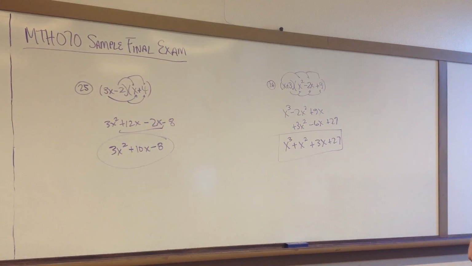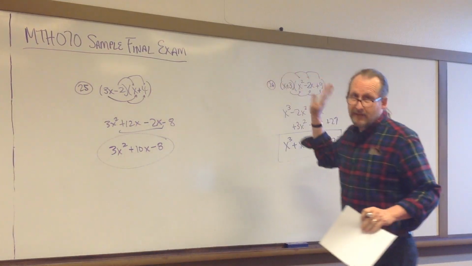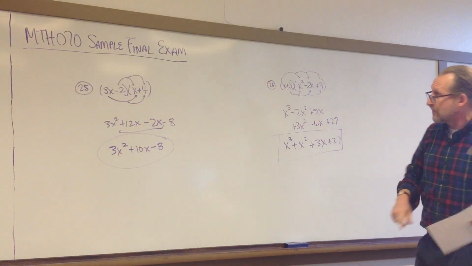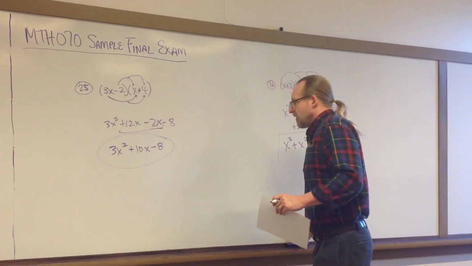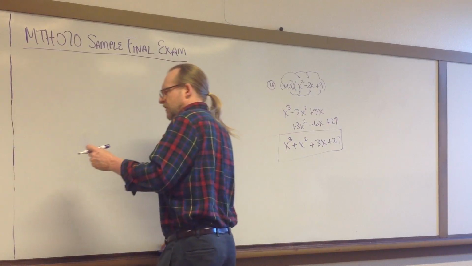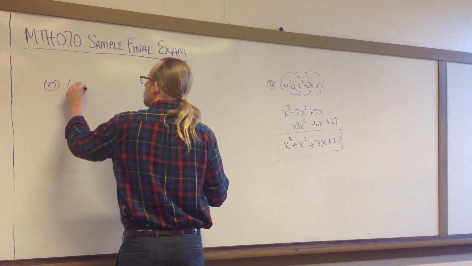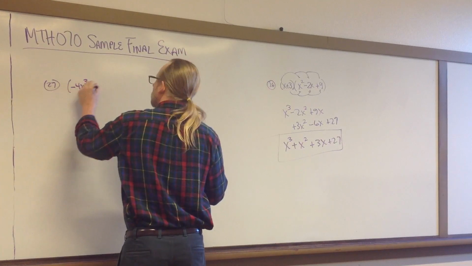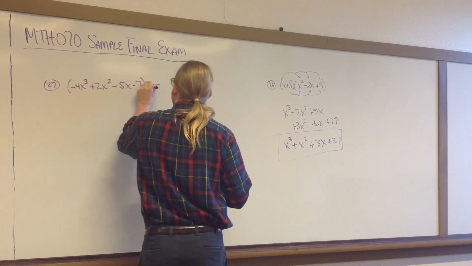All right, last problem here, problem 27. So, important difference between 25 and 26 versus problem 27. Notice this is multiplication. This is multiplication. I'm going to write down problem 27. It's not multiplication, so don't get confused by that. Negative 4x to the third, 2x squared minus 5x minus 7.